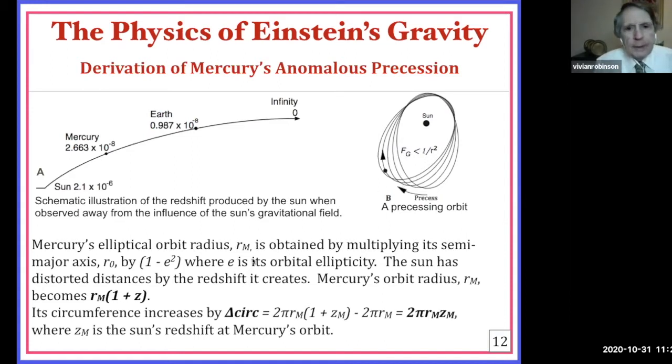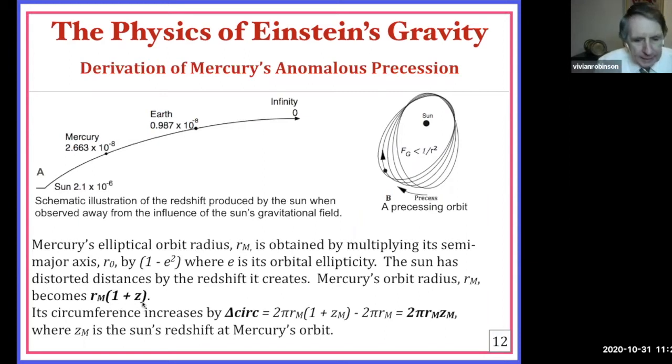Mercury's orbital radius Rm is obtained by multiplying its semi-major axis R0 by 1 minus e squared, where e is its orbital ellipticity. The Sun has distorted distances by the redshift it creates. So Mercury's orbital radius Rm becomes Rm times 1 plus z.